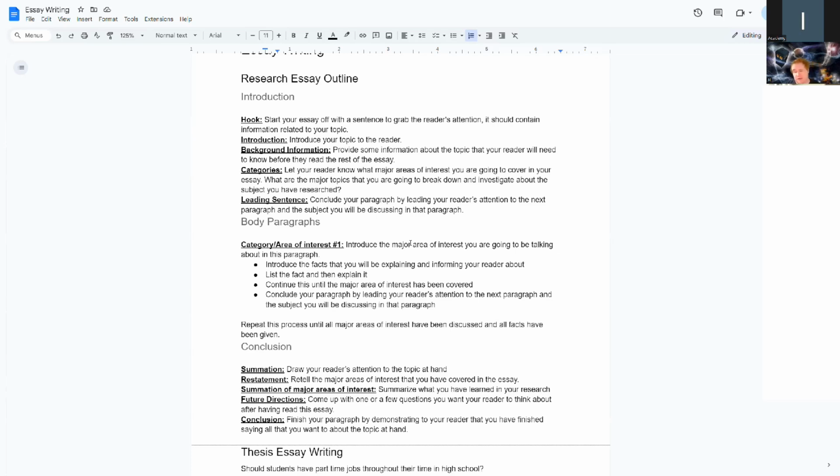So we say hook because we don't want our reader just reading over the essay and not really paying attention. If you ever find yourself reading over a few sentences in something and then you forget why you were reading it, and then you go back and you have to start again. The hook should make use, as Jason had pointed out, of literary devices. Those are usually helpful. The hook will actually make the reader want to read your essay.